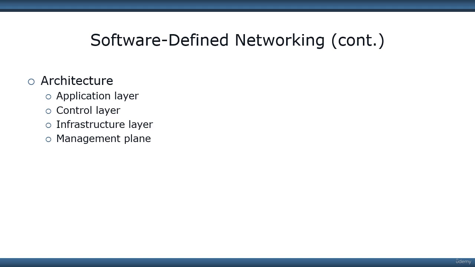The control layer is often described as the brains of the operation, but that's slightly inaccurate because the administrators and engineers are still the brains of the operation. You're essentially using a single pane of glass solution that provides the correct API calls to the controller. API stands for Application Programming Interface.